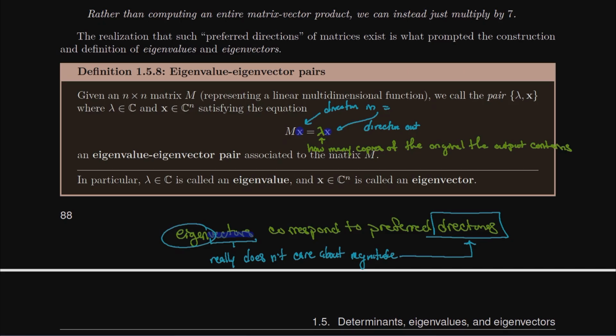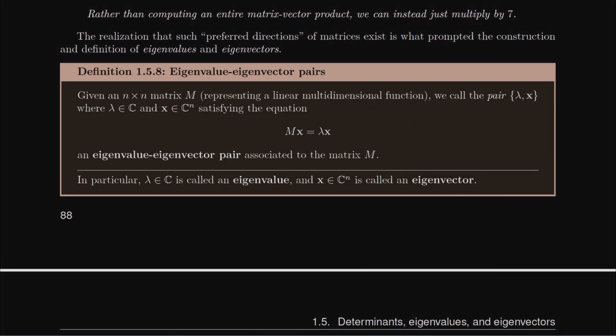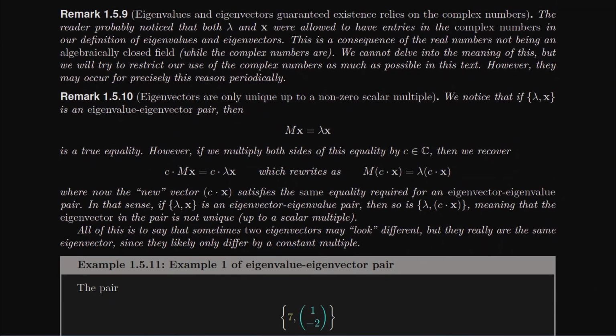That's going to be the eigenvalue. So the eigenvalue is how many times our matrix has pushed us in the same direction. The eigenvector is a representation of the direction itself. So there are preferred directions of matrices. These are called eigenvectors. Eigenvalues are just these constants associated to eigenvectors, which describe how far within that direction you've moved.